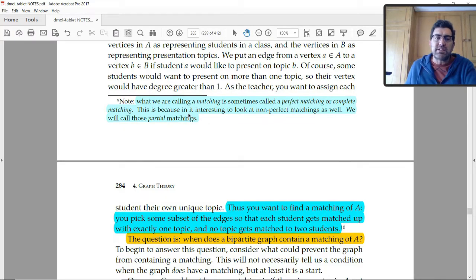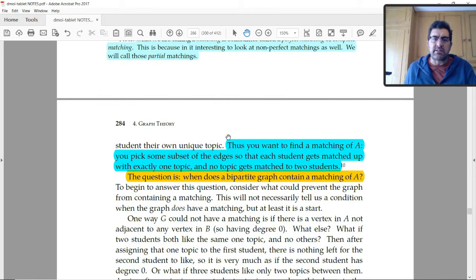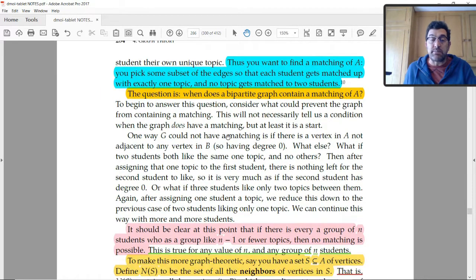This is because it is interesting to look at non-perfect matchings as well. We call these partial matchings, but we won't be looking at that in as much detail.